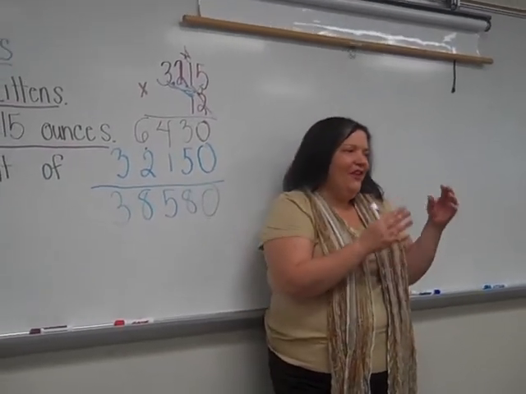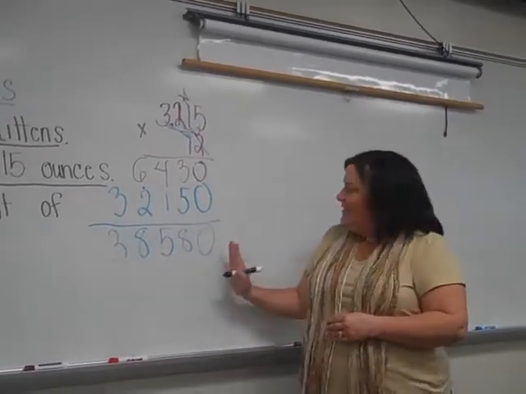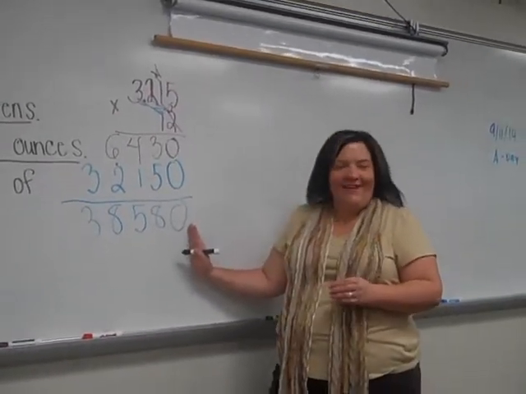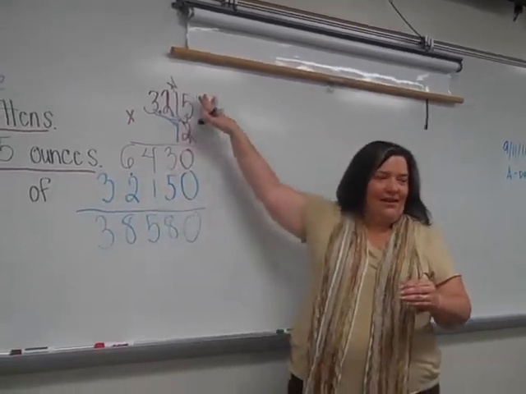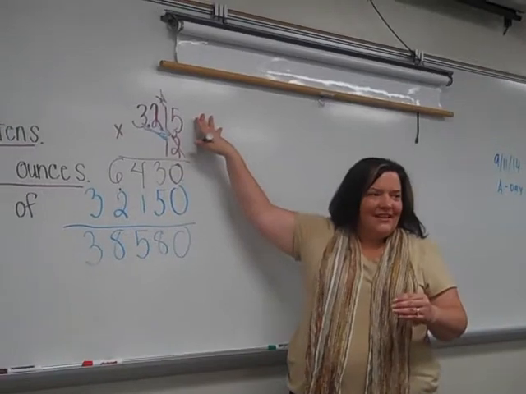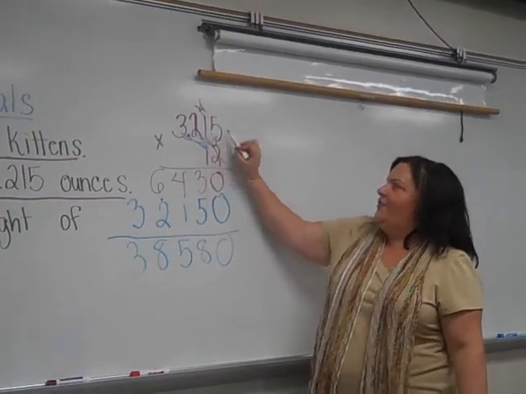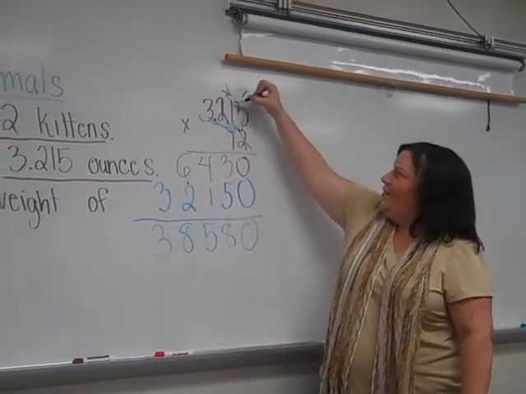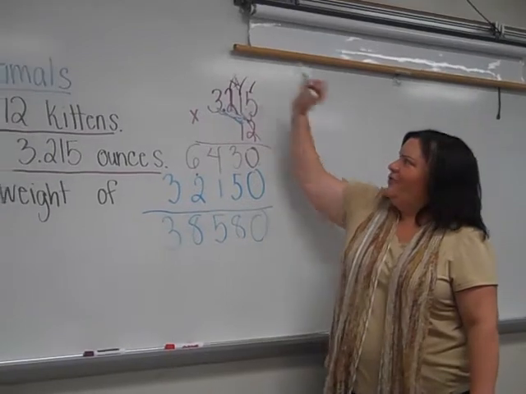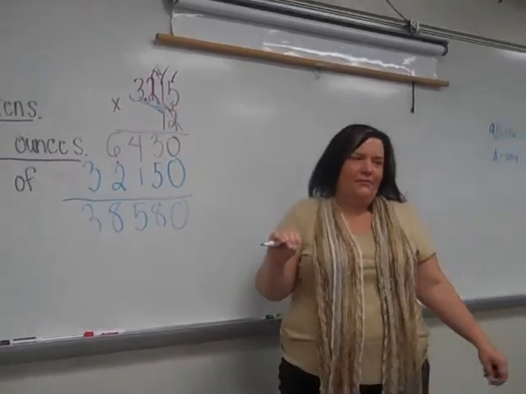And then whatever amount that is, that's when we move our decimal from the very end to that amount of place values we notice up here. So at the top, I see that there are 3 place values to the right of the decimal. The 2, the 1, and the 5. So there's 3 place values to the right of the decimal.